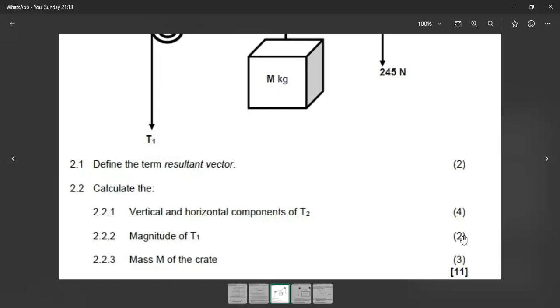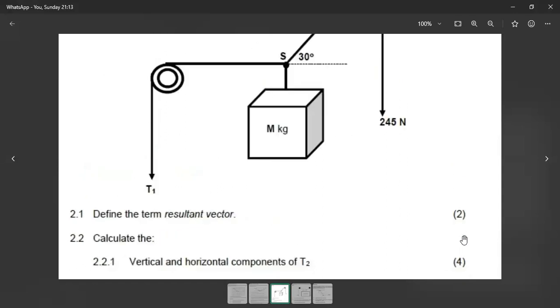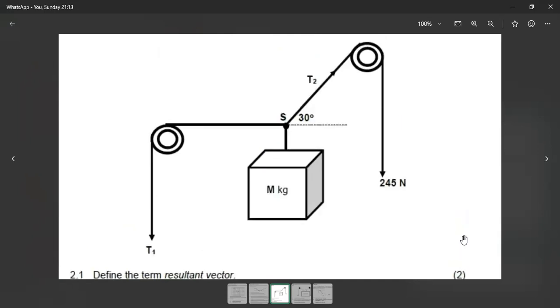Do you see that? In order for us to calculate the mass, we need to start by calculating the gravitational force. Because if we look at this situation, we have two forces that are vertical. It's T2 in the Y, which is going upwards, and then we have the gravitational force, which is going downwards.